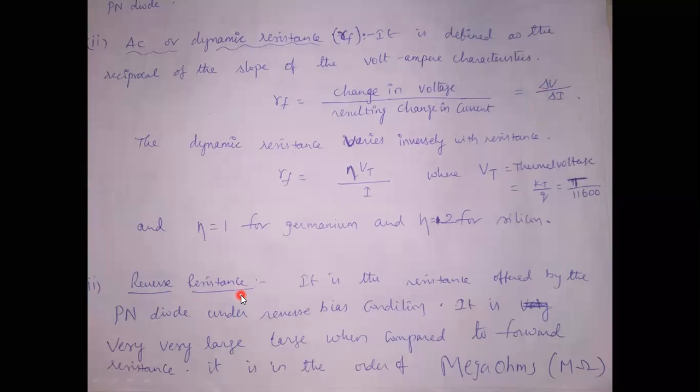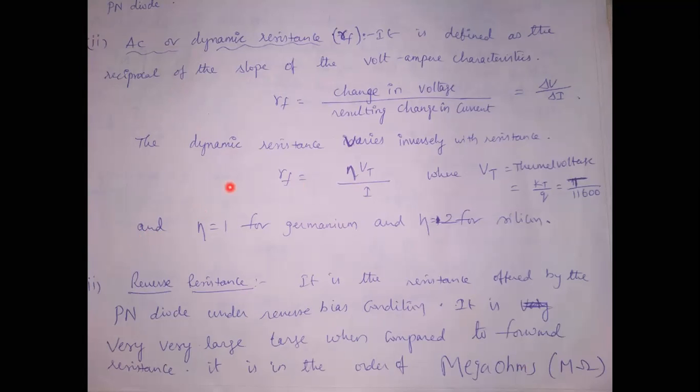It is very high. Why? Because in reverse bias the junction width is increasing a lot, such that resistance will be very high, in the order of mega ohms. That's why in reverse bias the current is very less, in the order of microamps. But in forward bias the current is very high, in the order of milliamps.